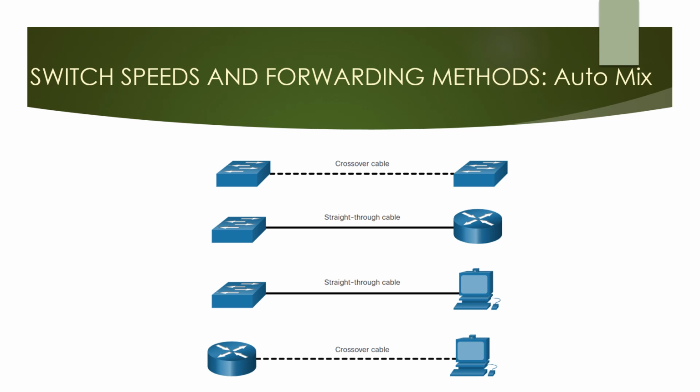Therefore, you can use either a crossover or straight-through cable for connection to a copper 10/100/1000 port on the switch, regardless of the type of device on the other end of the connection. The auto-MDIX feature is enabled by default on switches, however, this feature could be disabled.